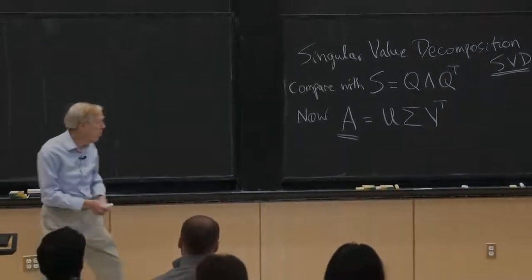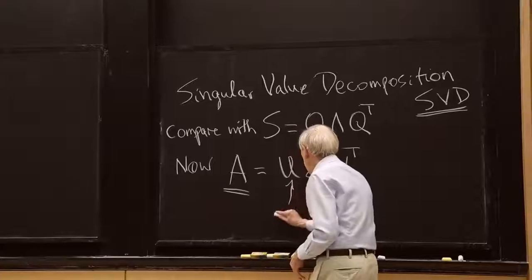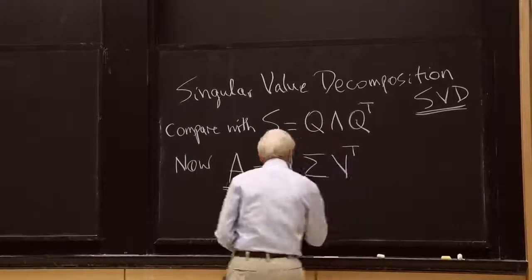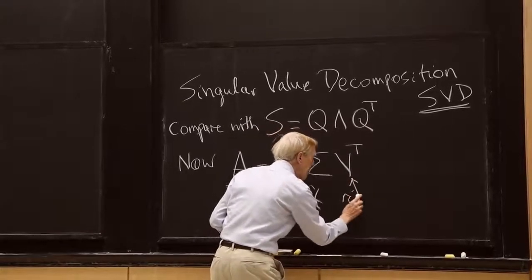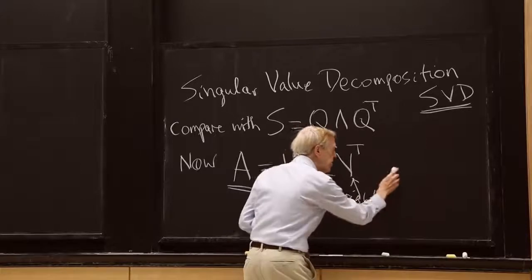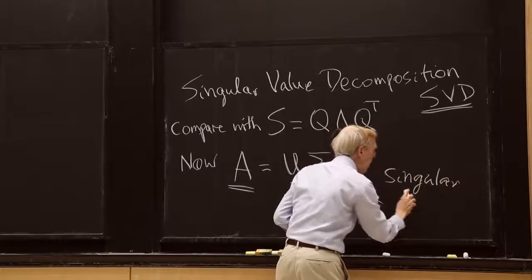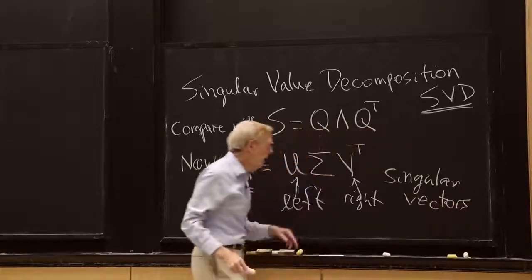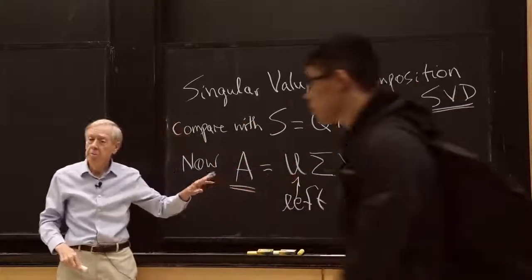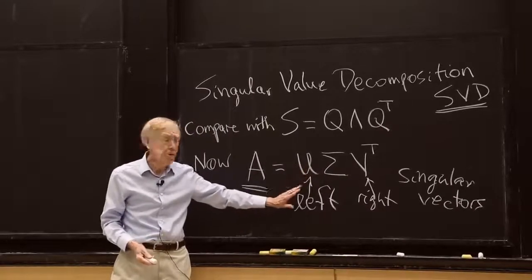So what are these pieces? These are the left, and these are the right singular vectors. The new word is singular. And in between go not the eigenvalues, but the singular values.